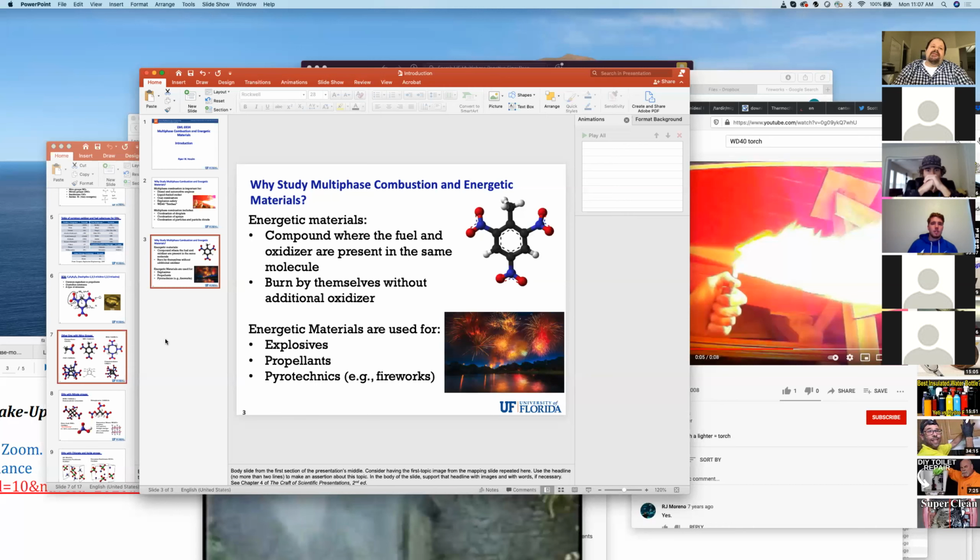Now, even if the oxygen and the fuel molecules are pre-mixed, that is, you don't need any external mixing, at the molecular level they are not pre-mixed. You still need a collision between two different molecules.